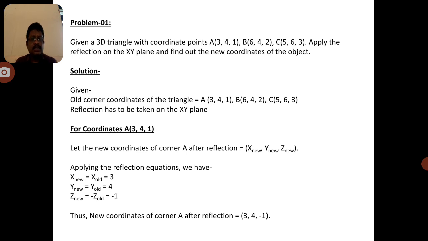For the coordinates given here, A is 3, 4, 1, and for each and every coordinate we can find the new coordinate value by applying the reflection on the xy plane.